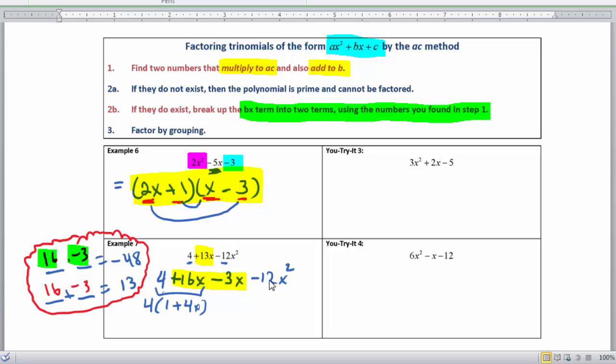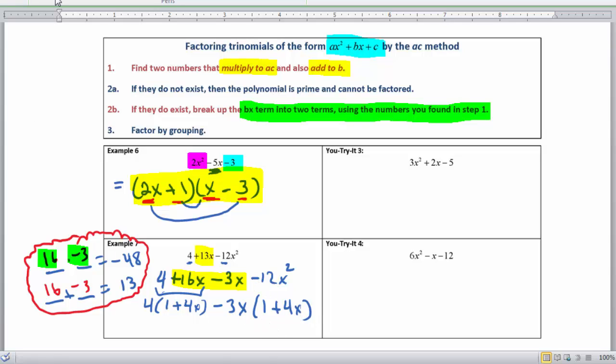And now take a GCF from the second two terms, and since the third one is negative, I'm going to take out a negative GCF, and the GCF here would actually be 3x. So when I take out a negative 3x, negative 3x divided by itself is 1, and then negative 12x squared divided by negative 3x is actually a positive 4x, right? Because that was a negative over a negative, so it became positive.